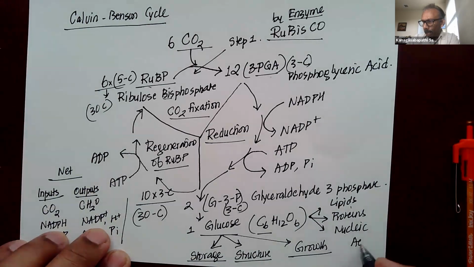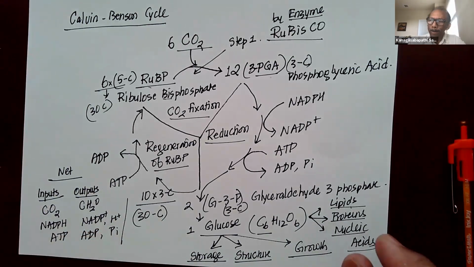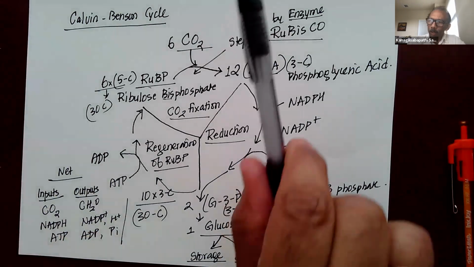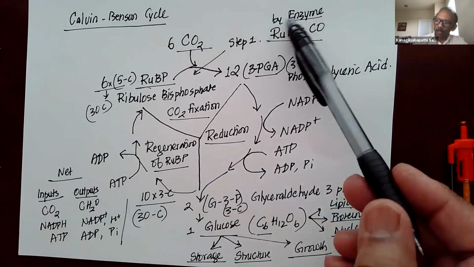So you need to see the connection with all these things. Okay? And we will see how these differences happen later on. Okay, the big picture, the bottom line, and we'll go into this enzyme next.